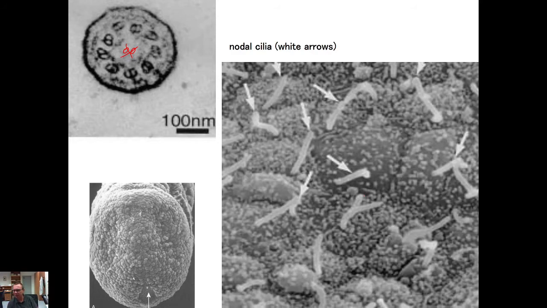Each cell of the primitive node has just one nodal cilium. This is the nodal cilium. You can see that it's quite short, and it is rotating.